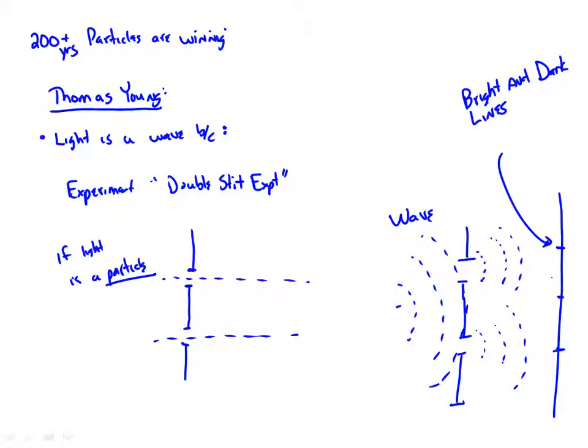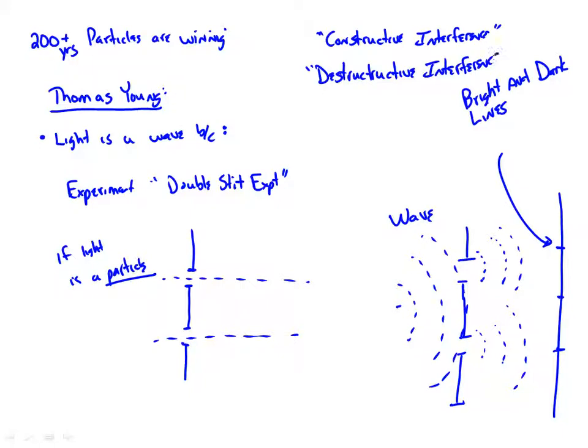And what these bright and dark lines are due to is something called constructive interference and destructive interference. And this is something that cannot be explained by particles.